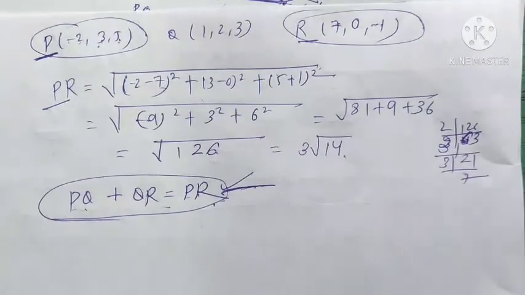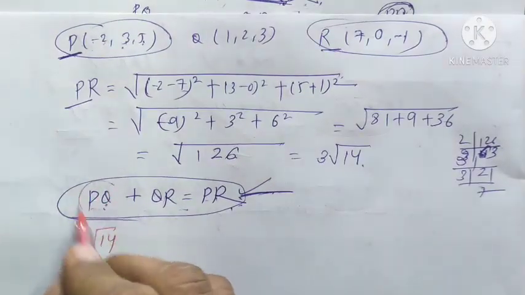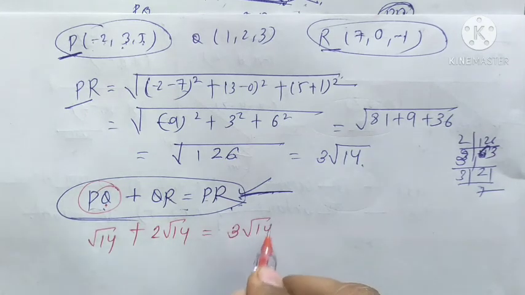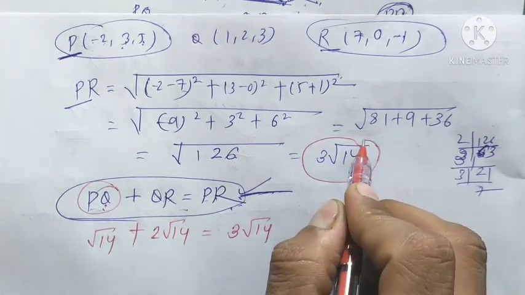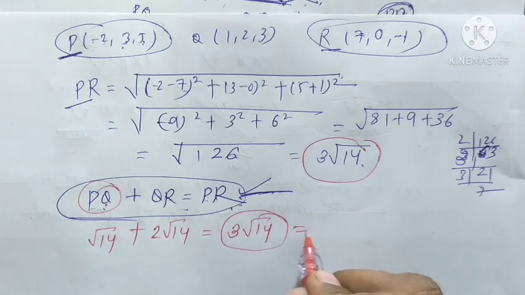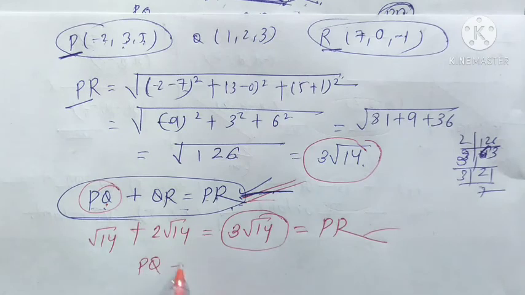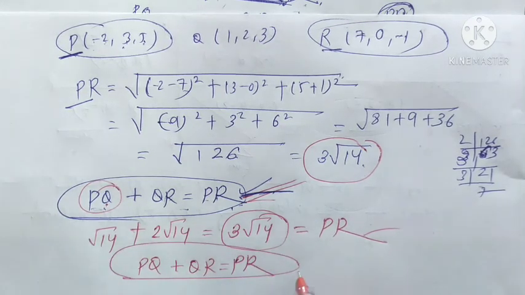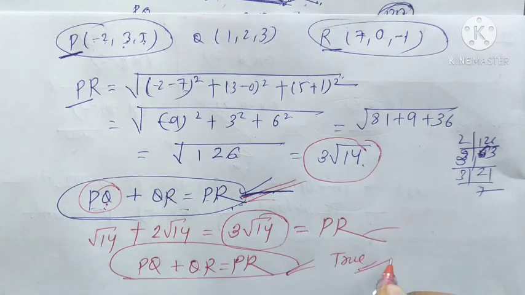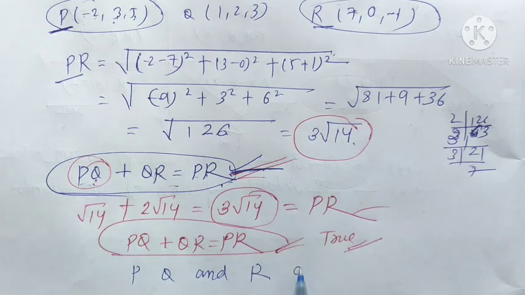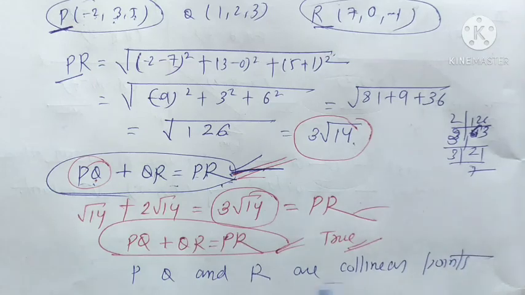And the value of PR is also 3 under root 14. So what happened? PQ plus QR is equal to PR. So this is true. This shows that P, Q and R are collinear points, I mean they lie on the same straight line.